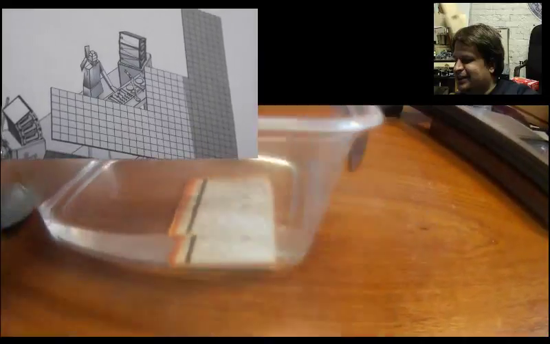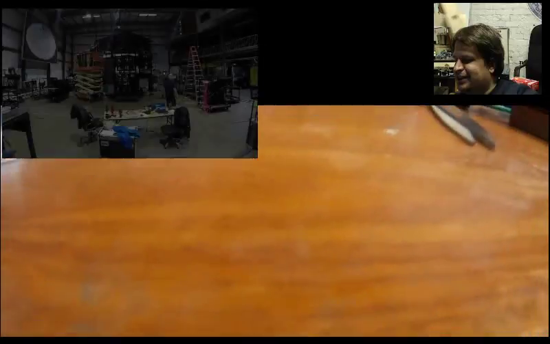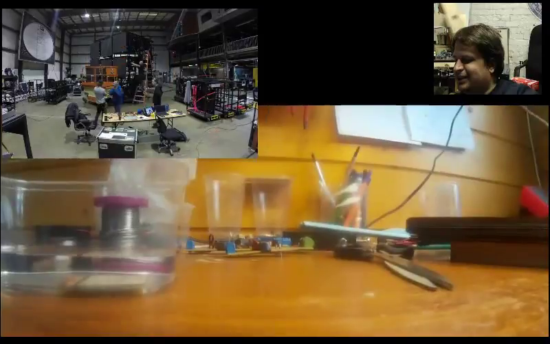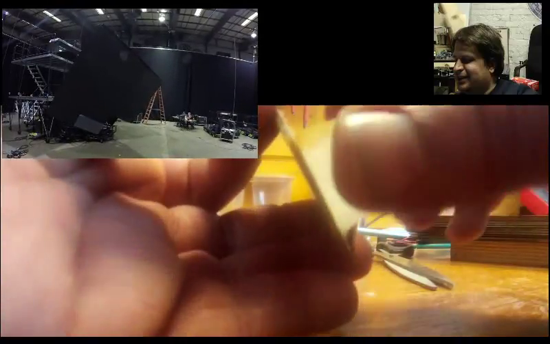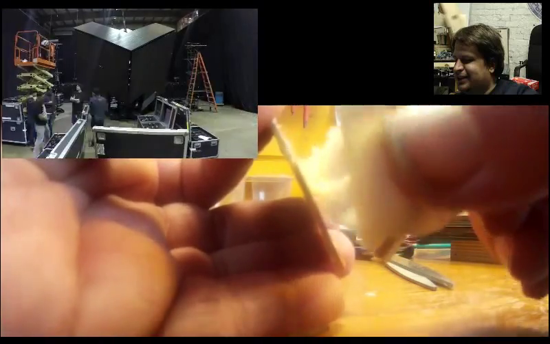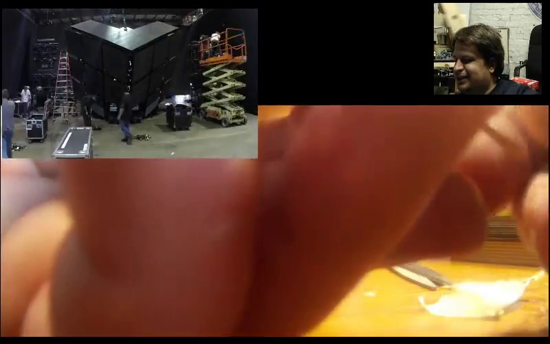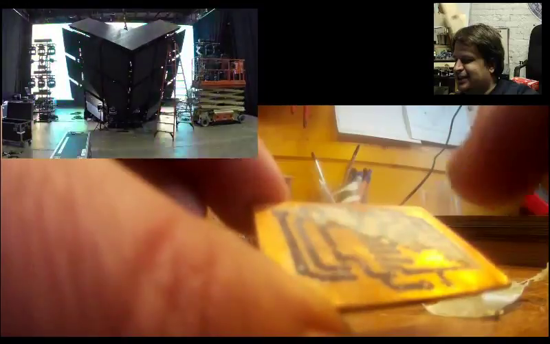My second process is you see the picture or traces.